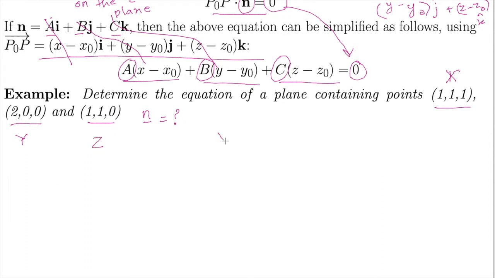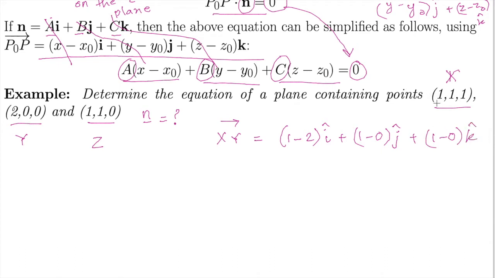So our XY vector is what? This is (1 minus 2) i plus (1 minus 0) j plus (1 minus 0) k. How did I do this?